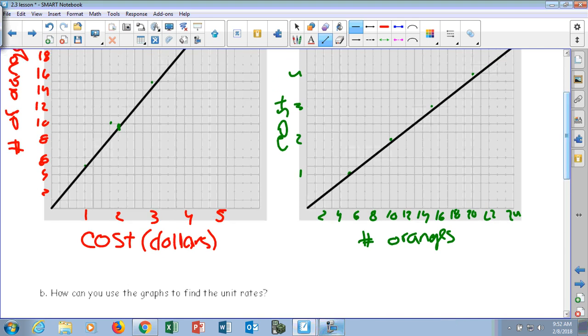How can you use the graphs to find the unit rates? How can we use our graphs to find the unit rates that we found in our tables? Well, our unit rates can be found at what point in our graph?